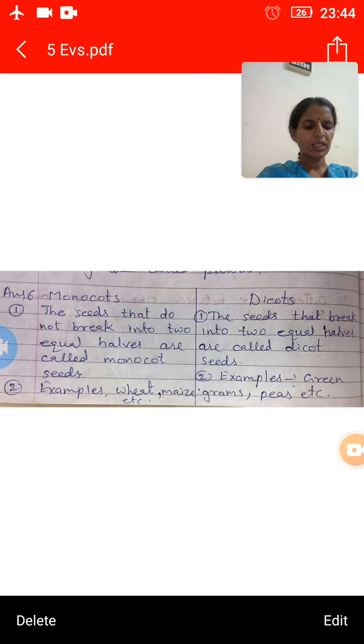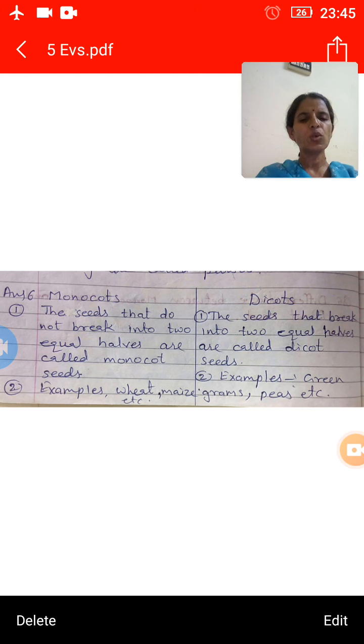The seeds that do not break into 2 equal halves are called monocot seeds. Children, you have already seen the image. A monocot seed has only one cotyledon, and the next is the dicot one. The seeds that break into 2 equal halves are called dicot seeds.